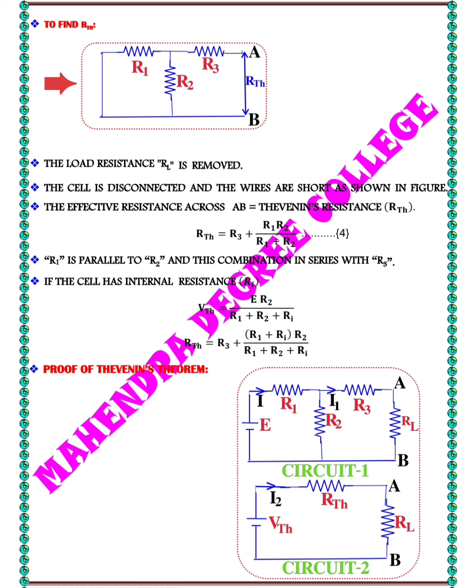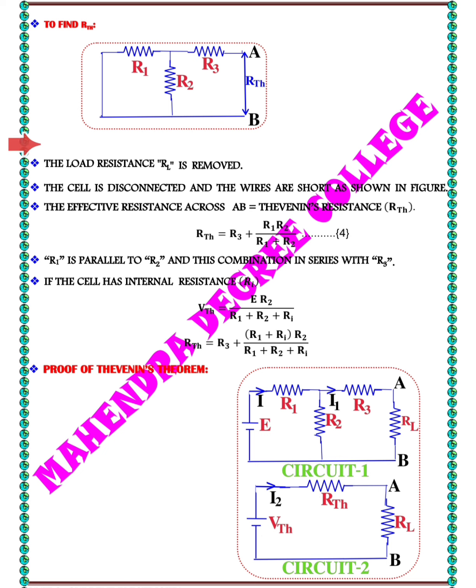R1 is in series with R2. The combination of R1 and R2 is in parallel with R3. The entire configuration lies between terminals A and B. The goal is to find the Thevenin's equivalent resistance as seen from points A and B.